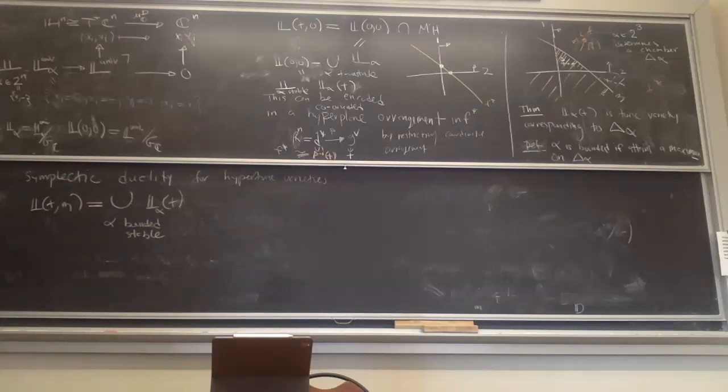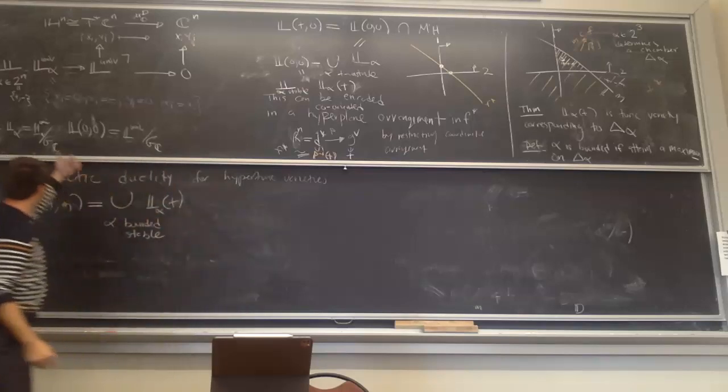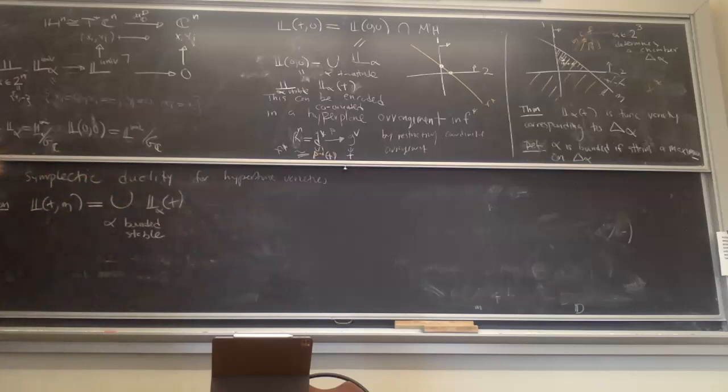Does that make sense? So this is what I call my skeleton. And it'll be important that I could have attained this from my big skeleton, L_T^0, just by removing some components, and those are the unbounded components.